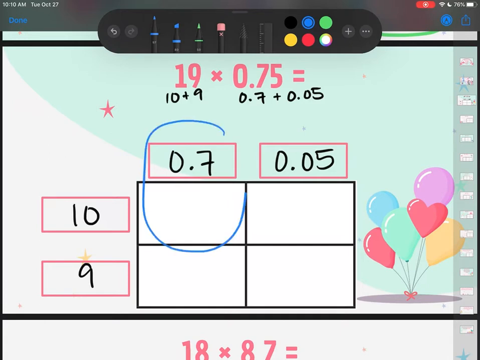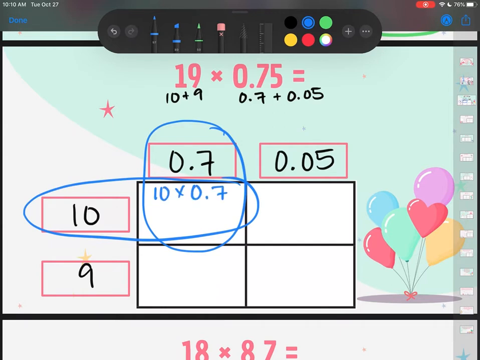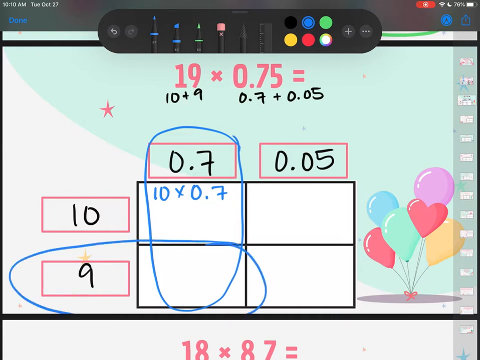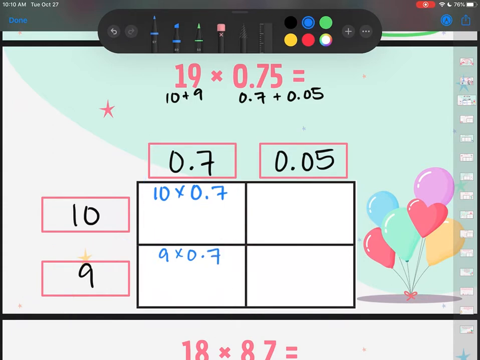So our first thing we're going to do. So remember this box. This first box lined up with 7/10 and 10. So my problem is going to be 10 times 7/10. My box down here is going to be 7/10 times 9. So I'm going to do 9 times 7/10 in this box.